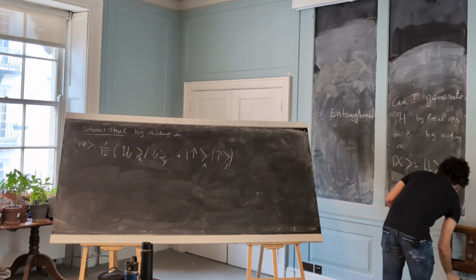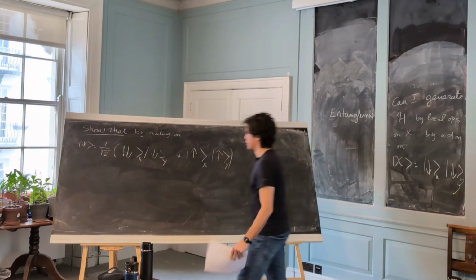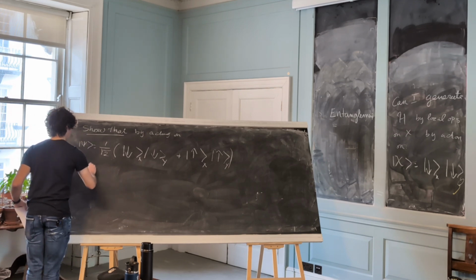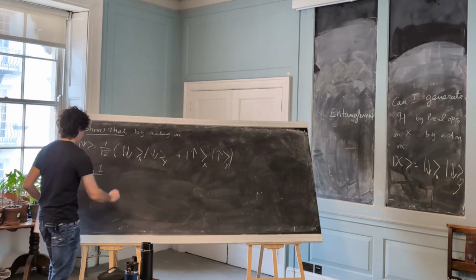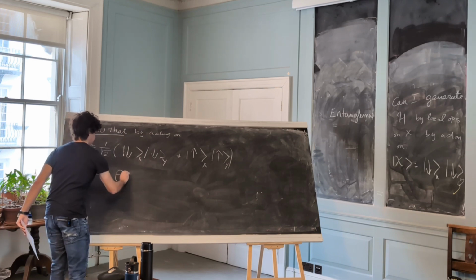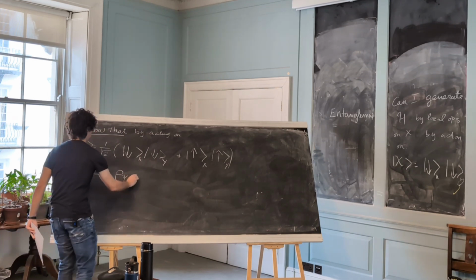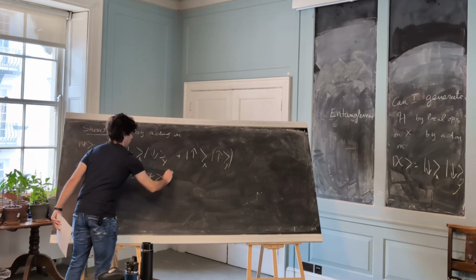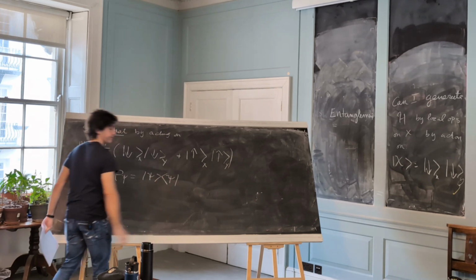Step one, I define a density matrix rho psi, which is just the outer product of psi with its bra.